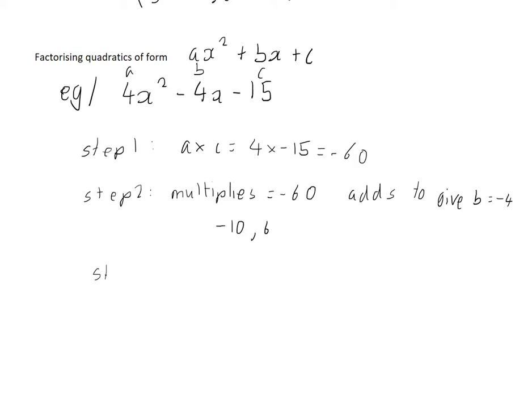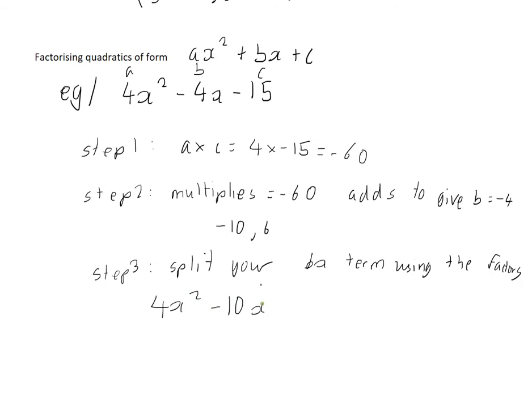Okay, now you've got that. Step 3, split your bx term using the factors. So that's quite simply, you've got 4x squared staying the same, and then it's minus 10x using this factor, plus 6x using this factor.